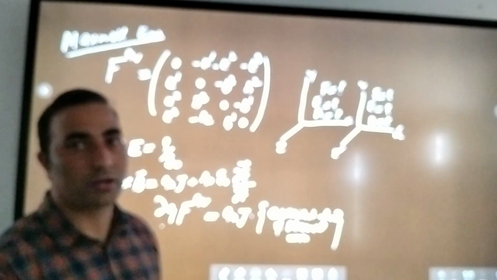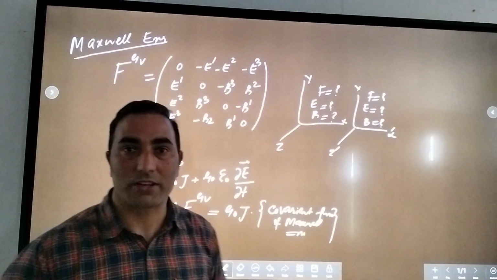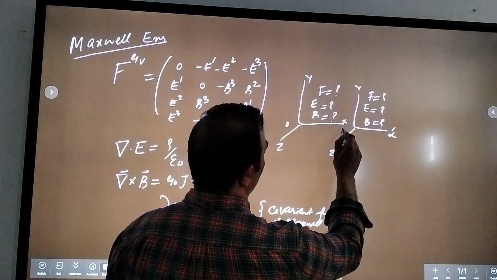Then we can say that all physical laws remain invariant under the transformation from one inertial frame to another inertial frame, right? So this is clear.